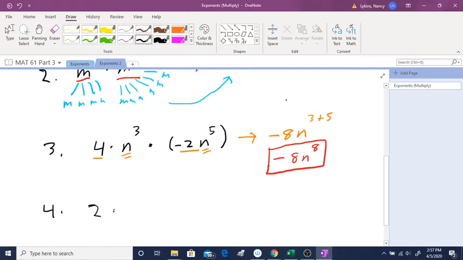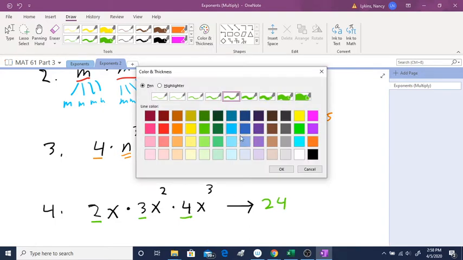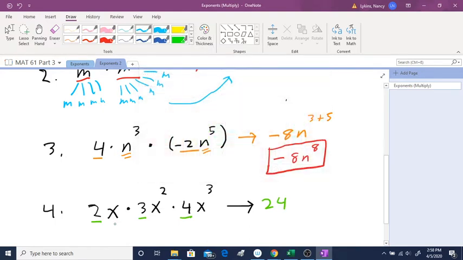So let's do 2x times 3x squared times 4x to the third. So in this case, we take 2 times 3, which is 6, times 4, which is 24. Now my bases, they are x.